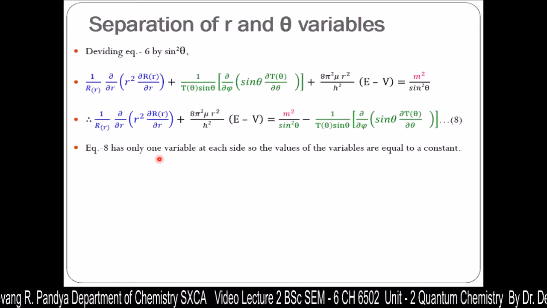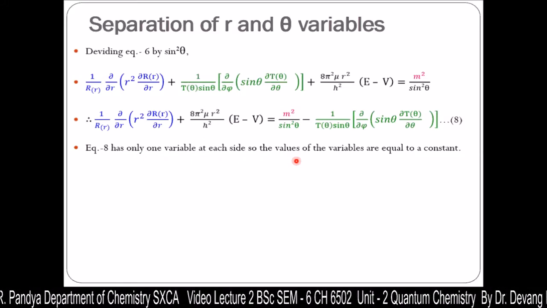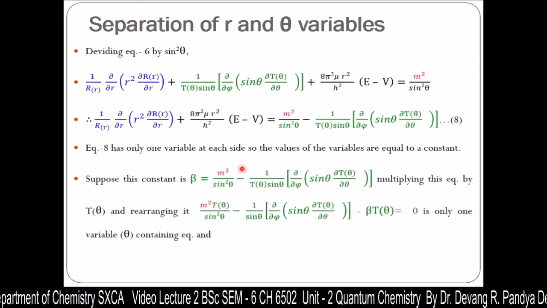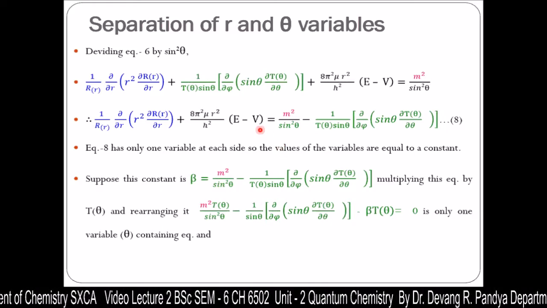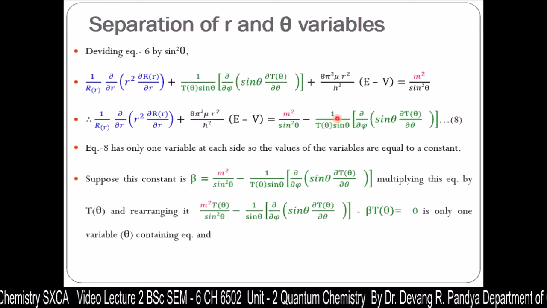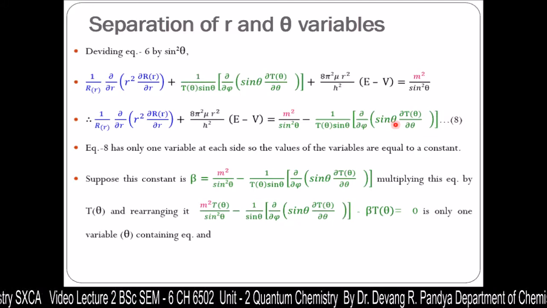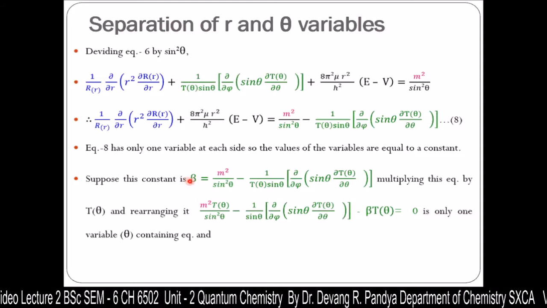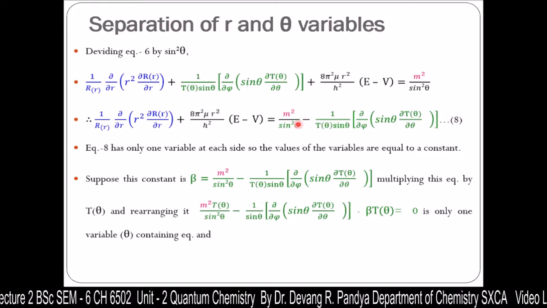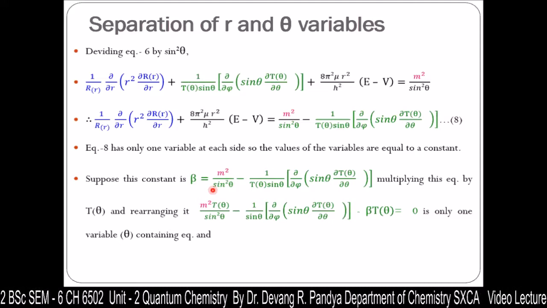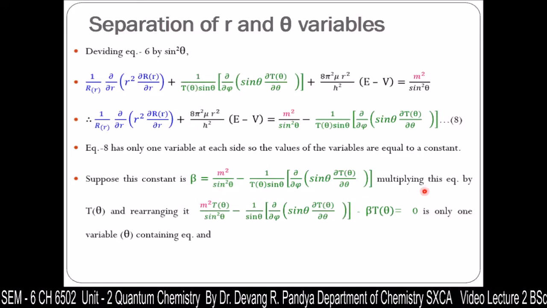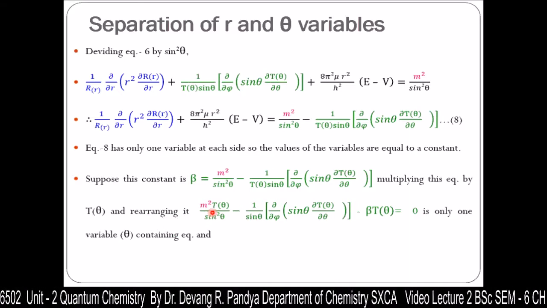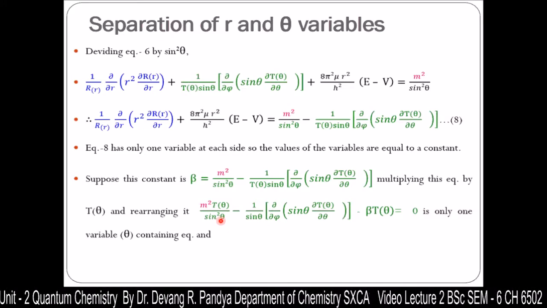Equation 8 has only one variable on each side, so the values of the variables are equal to a constant. Therefore, if we take m square upon sin square theta minus 1 upon theta sin theta d by d theta sin theta d theta by d theta, that value can be taken as beta to abbreviate this equation. If this entire value is taken as beta and we multiply this equation by theta and rearrange it, we get m square theta by sin square theta.